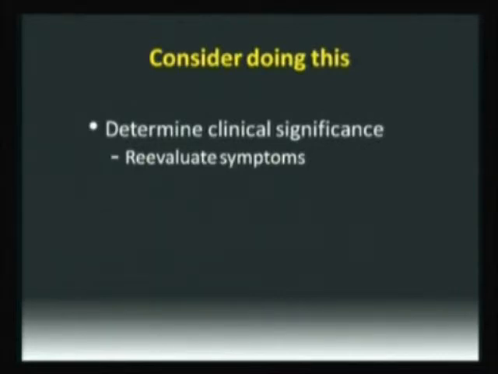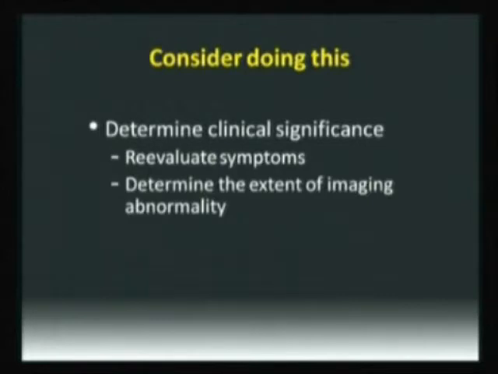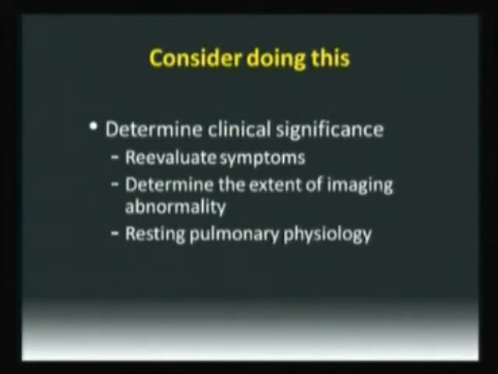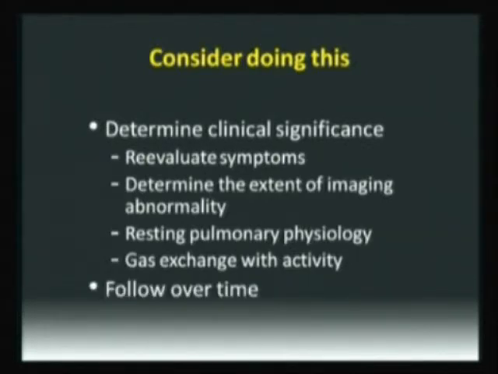You need to evaluate symptoms. You need to determine the extent of abnormality, and of course, pulmonary physiology is a critical point. But gas exchange with activity is also important, and most importantly, I think, you need to follow over time.